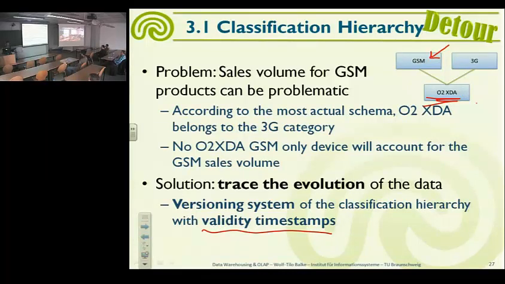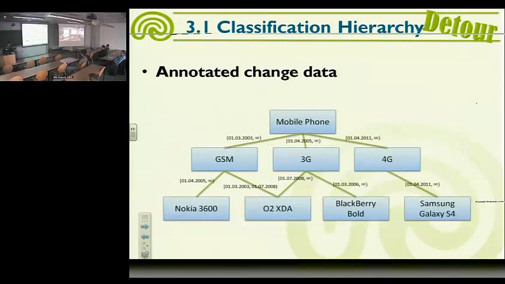By having these validity timestamps, when you have a query, if you're only querying older data up until 2008, or you want to query about this article only when it was a GSM phone, then you run your queries up until the validity timestamp. So you would have some kind of matrix that holds the different timestamps, and then you can see at which point in time this article was under which part of the hierarchy.